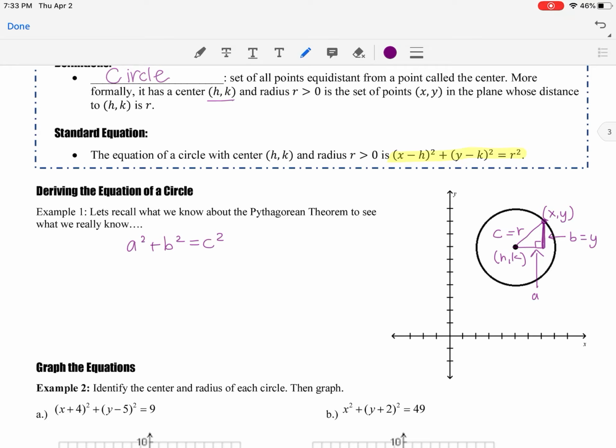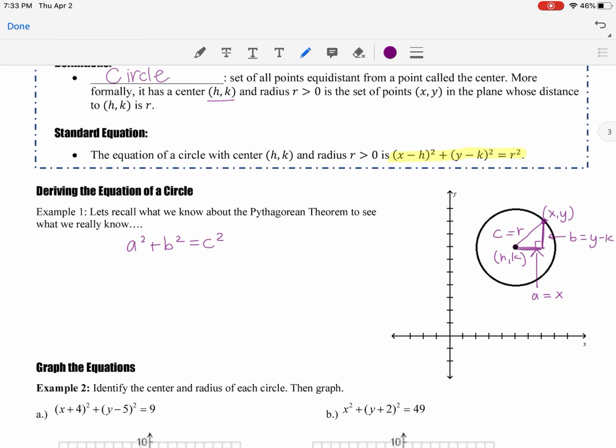But we're taking this y value, and if I want to know just this distance, I've got to subtract how high, whatever this distance is, how high that is, which is k. So this is going to be y minus k. As for a, you can think about a similar thing.